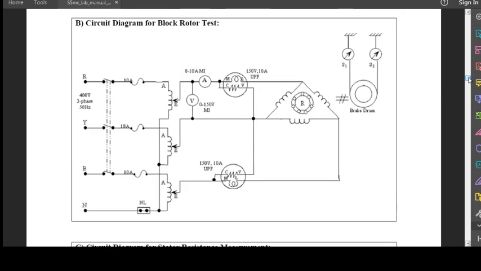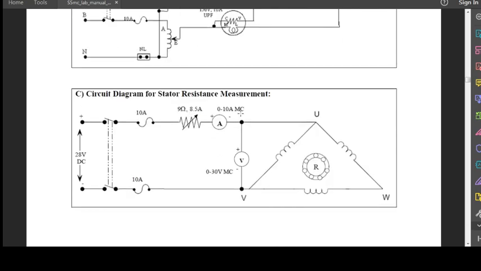This is the diagram for the block rotor test, which we already discussed. The full load is applied here, and the motor rotor is not able to run. That is our block rotor test. This is used for the stator resistance measurement. We have to measure these values too.